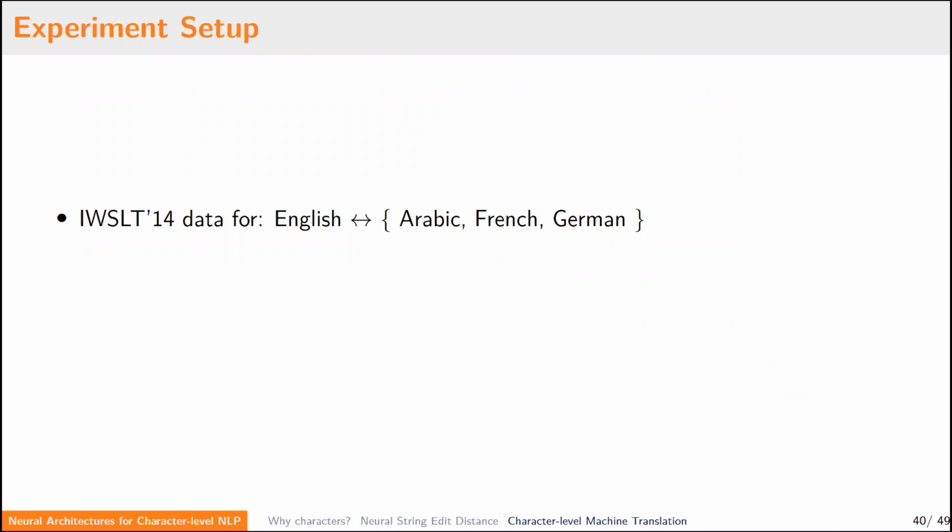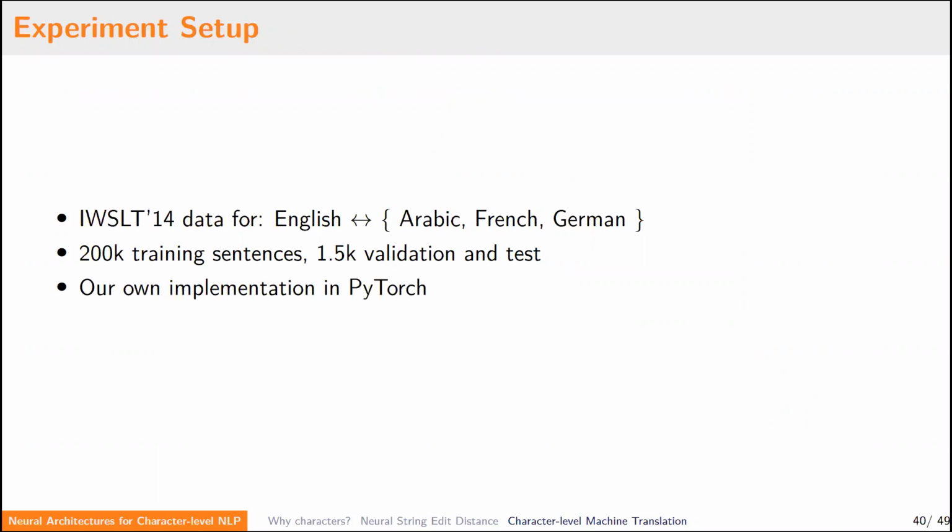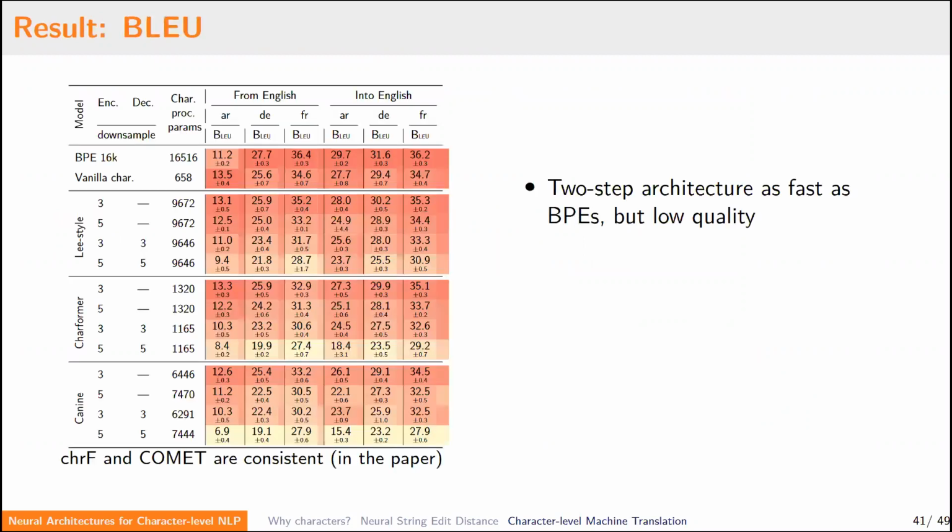We experimented with the architecture on small data. We used IWSLT14 data for translation between English and Arabic, French, and German. And by small data, I mean 200,000 sentences for training. We implemented everything ourselves in PyTorch.